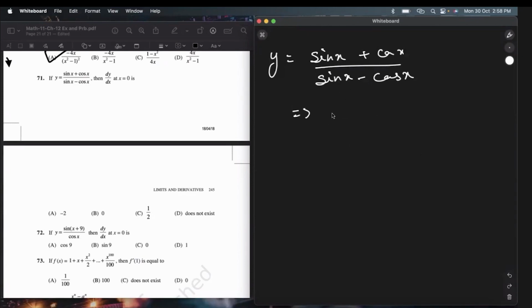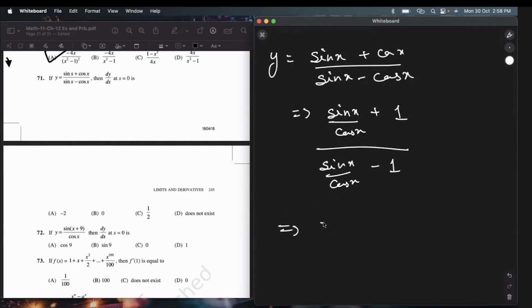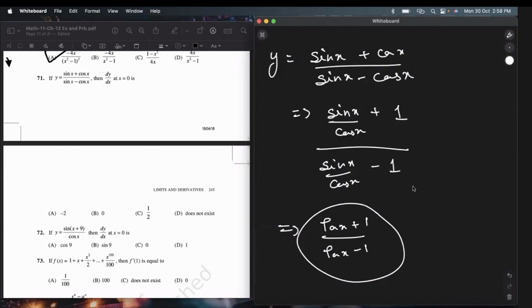If I divide the whole thing by cos, there will be sin x upon cos x plus 1 upon sin x upon cos x minus 1. Alright, I can write this as tan x plus 1 over tan x minus 1. Okay, so this is my question. My question is y equal to (tan x plus 1) over (tan x minus 1).